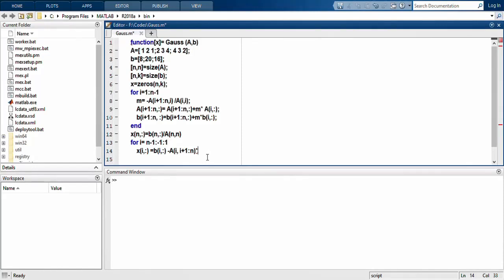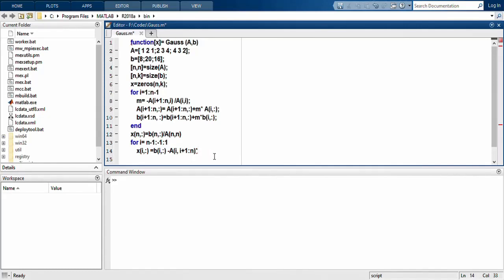Like a11 multiplied by, sorry, it's not a11 in the first row: x1 is equal to b1 minus a12 into x2 minus a13 into x3.